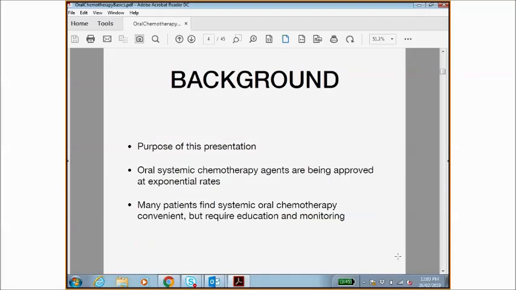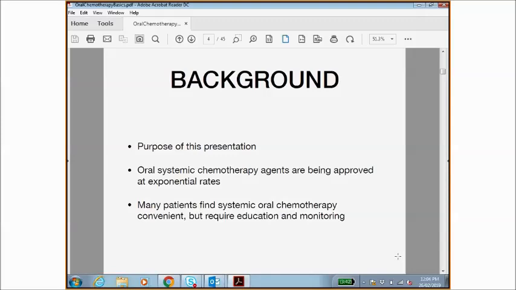So the purpose of this presentation, as Heather mentioned, is that I am studying for my PharmD right now. I'm almost done. As part of the requirements for completion, we have to do some clinical practice activities. The criteria was to find an area where there could be patient care by a pharmacist intervention.